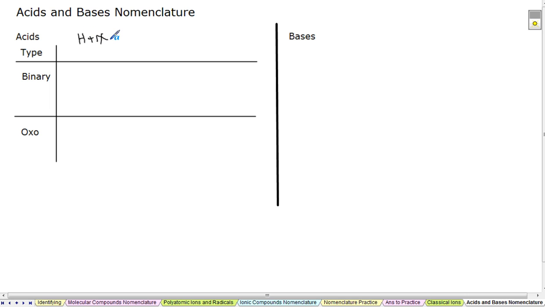We'll just call that X. So anytime we have hydrogen attached to a nonmetal, we have an acid, and it's when it's out in front. And so an example is a binary acid, which would mean hydrogen with 1 nonmetal. An example of a pretty common one, in fact it's in your stomach right now, is hydrochloric acid.